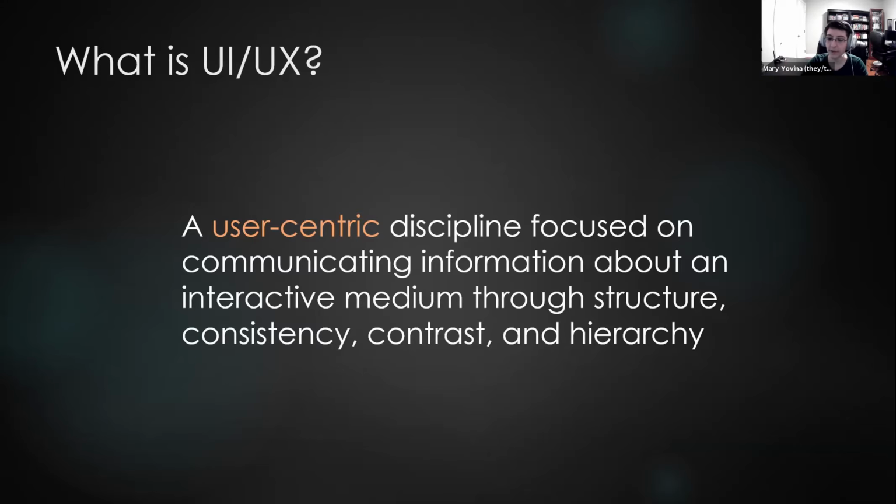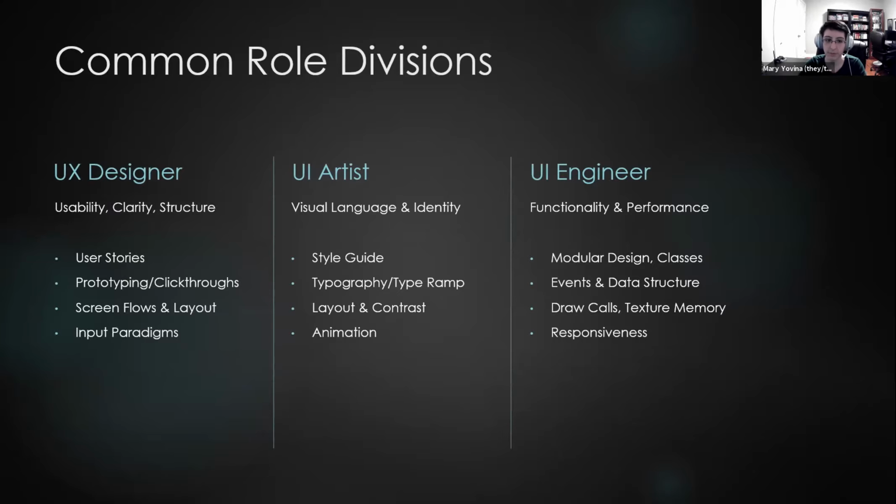Depending on the size of the team and the maturity of UI and UX as a discipline at the studio, there are some common role divisions with a lot of overlap in their responsibilities. Often teams need a UX designer, a UI artist, and a UI engineer, and usually more than one of each, but you might not have that. You might also have roles divided between people or people with one title but multiple role responsibilities.